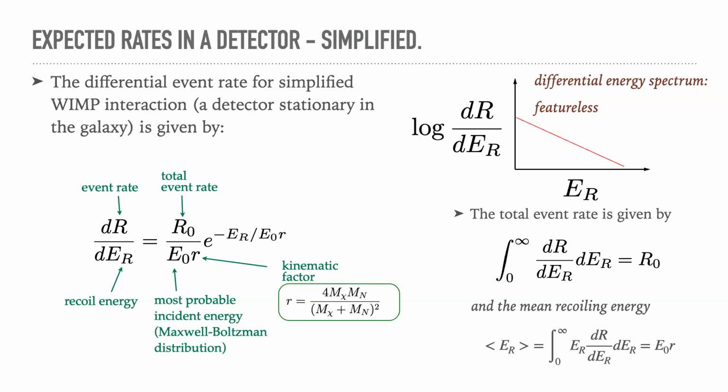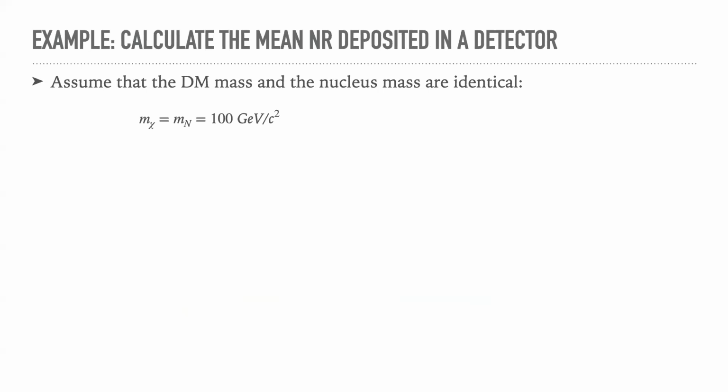All right, so in this very simplified model, let's think about what this would mean for nuclear recoil energy that would be detected or deposited in a detector. I'm going to start with the canonical 100 GeV WIMP, and let's assume we have a detector whose nucleus is similar in size to the WIMP, so they're both 100 GeV.